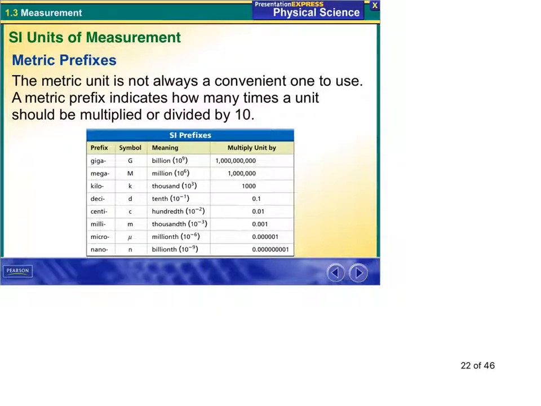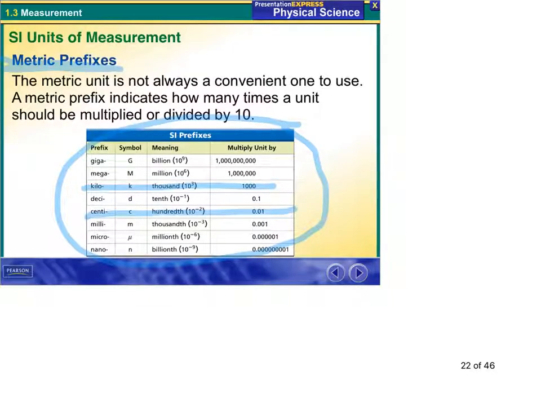A very key thing we use in science is metric prefixes. Here's a nice list of metric prefixes, some of which you've heard of and worked with before, like kilo means 1,000, like a kilometer is 1,000 meters. You should have heard of centi, like a centimeter. A centimeter is a 100th of a meter, or there are 100 centimeters in a meter.